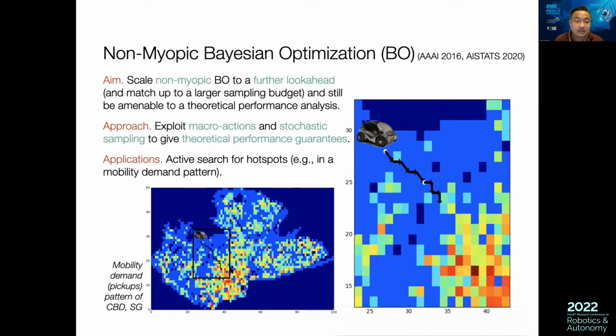In this example that you've seen here, this is a mobility on demand vehicle like a taxi. The question is whether it can look ahead so that it can very quickly get to the hotspot as compared to the case where it cannot look ahead. In this line of work, we are able to show that with look ahead, it actually gets to the hotspot faster than without.